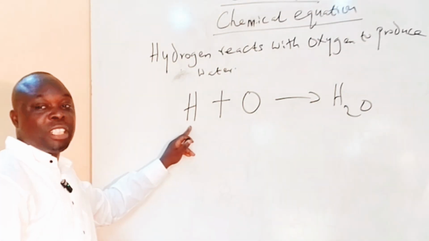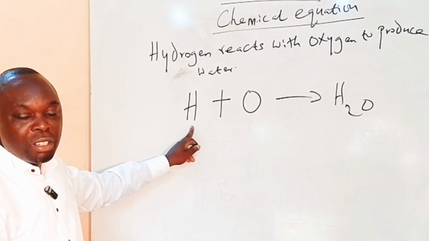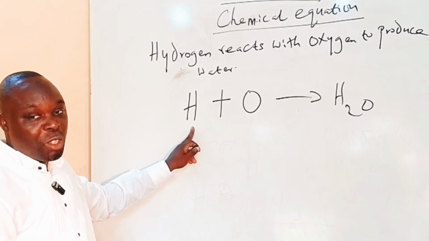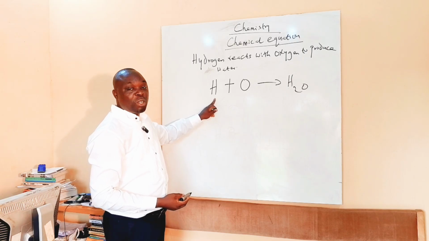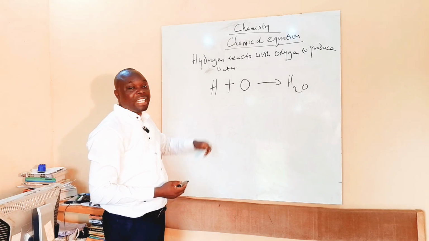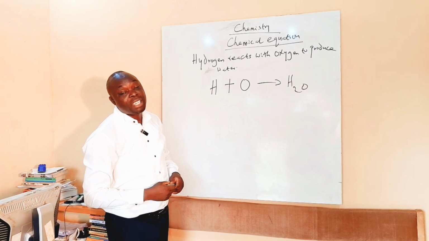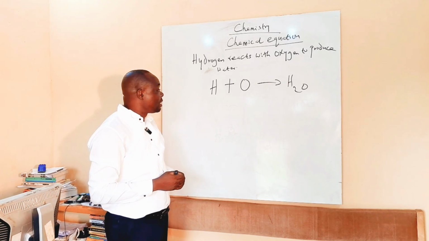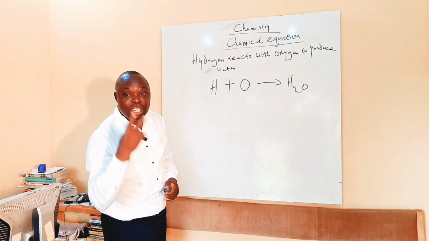Okay, I'll teach you more about monoatomic elements and diatomic elements. But today, just know that hydrogen is a diatomic element. And I told you what di means in chemistry. Di means two.